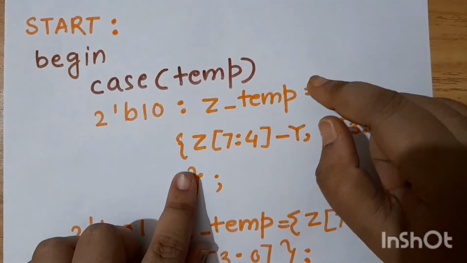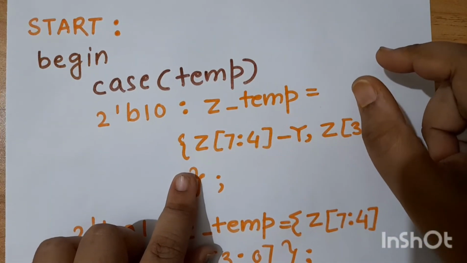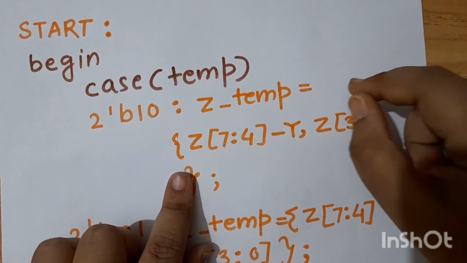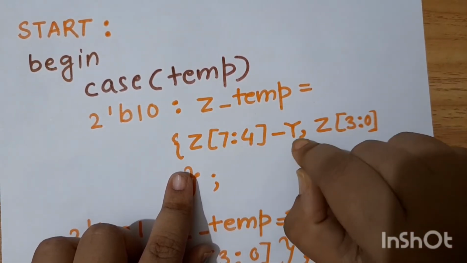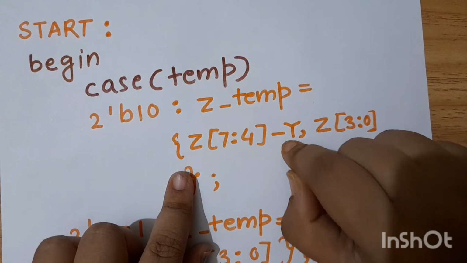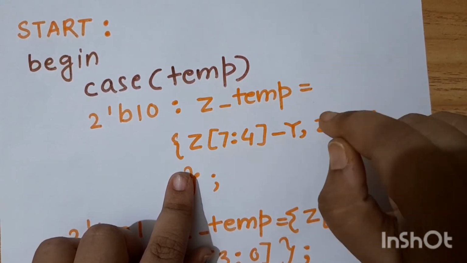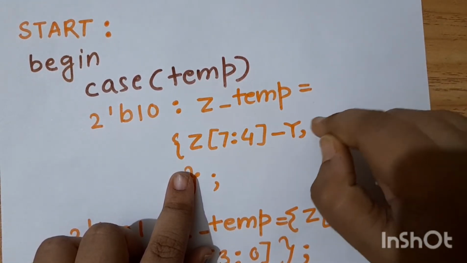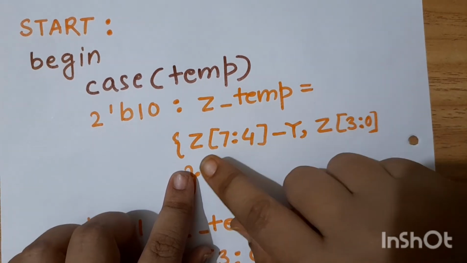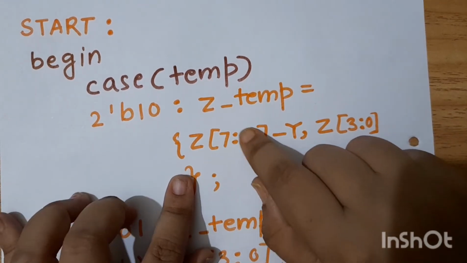If it is 1 0, no, A is equal to A minus M. So here M, that is the multiplicand, is Y, and X we discussed, it is the multiplier. So Y is the multiplicand, and Z[7:4] carries the A.